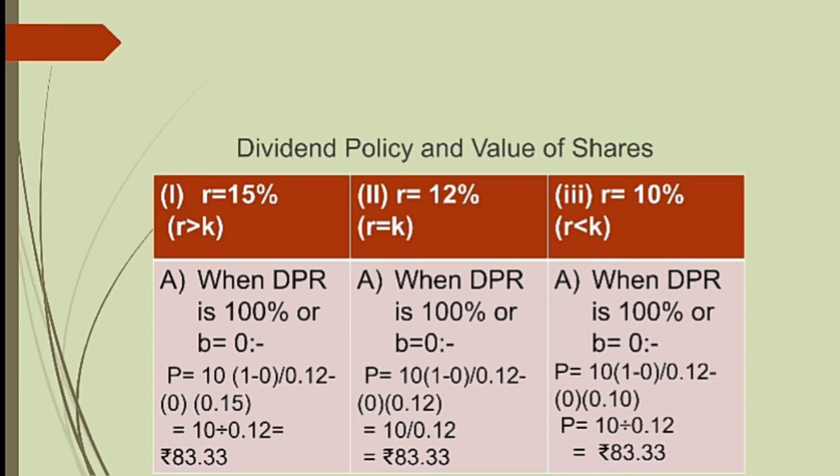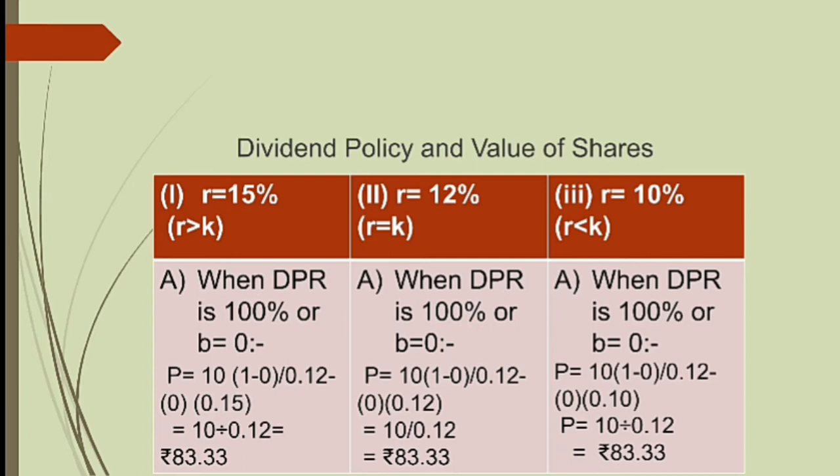Here R is 12%. After solving the first line, we get 10 divided by 0.12, that is rupees 83.33.